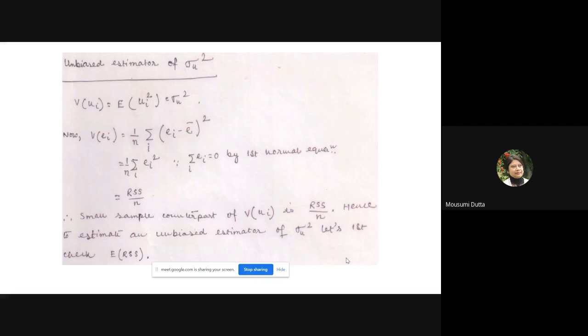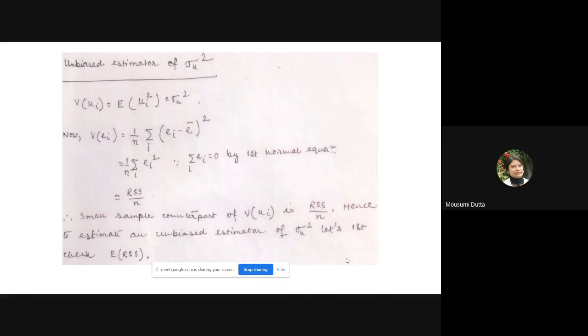Since we use ei in place of ui, while calculating the variance of ui, naturally the idea which comes to mind is the variance of ei, as an unbiased estimator of variance of ui. Okay, so let's start with variance of ei then.